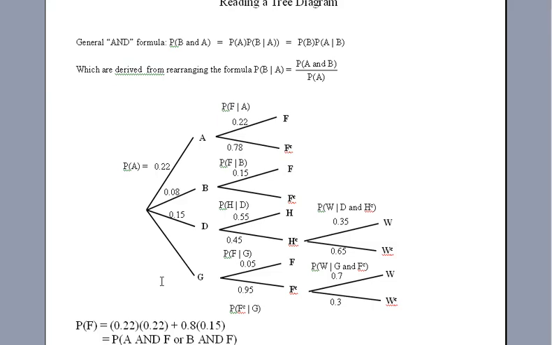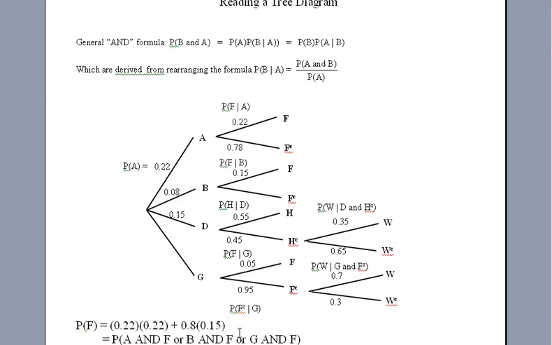In other words, this 0.8 comes from probability of B, the 0.15 comes from probability of F, given B. Now that I can see there's one more path that leads to F, and that is through event G. So another way to get to F is G, and event F again occurs. So there's three ways of satisfying event F occurring. And I need to calculate each one because I want the total chance of F occurring.